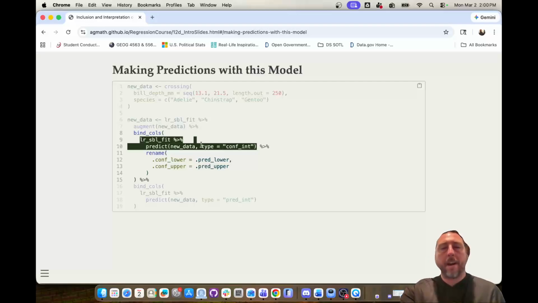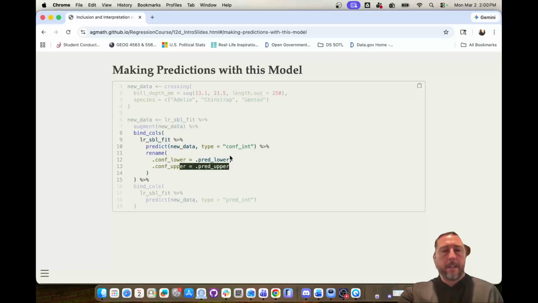I don't like pred lower and pred upper as names, especially because we're going to have prediction intervals. This is a confidence interval. So I'm going to rename those. I'm going to take the pred lower column and call it conf lower. I'm going to take the pred upper column and rename it as conf upper. So now I know these are confidence interval bounds.